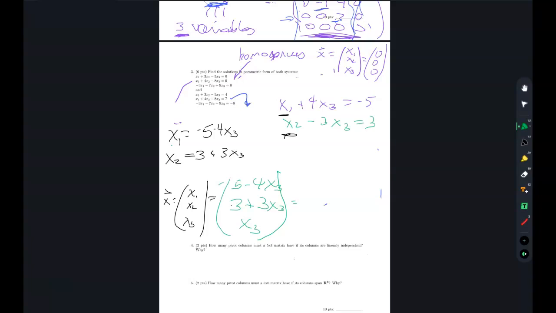Okay, so now I'm going to separate it. So I've got some numbers times the x sub 3 vector, and then I've got other points. So I've got to separate them. I'm going to take this negative 5 and 3 and put them here, and then I have a placeholder here, and then I'm going to put over here the negative 4, the 3, and the 1. So the span vector from the homogeneous should be the same vector, and it has a point added to it.